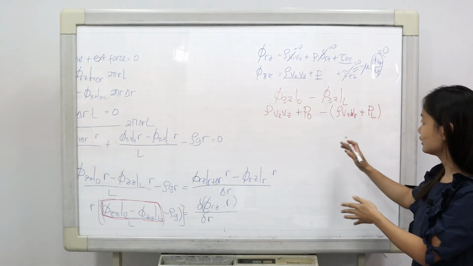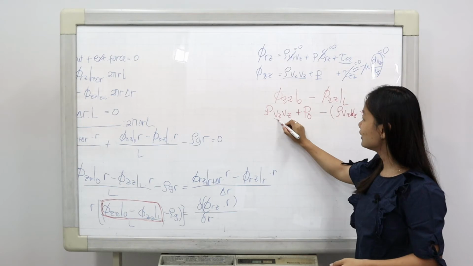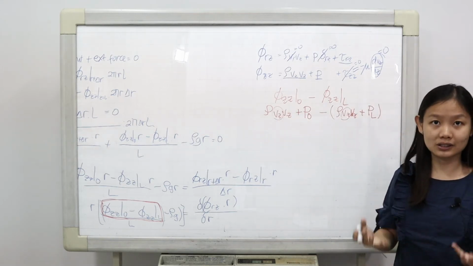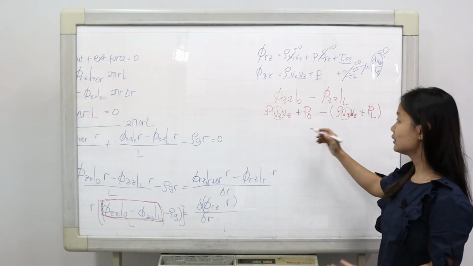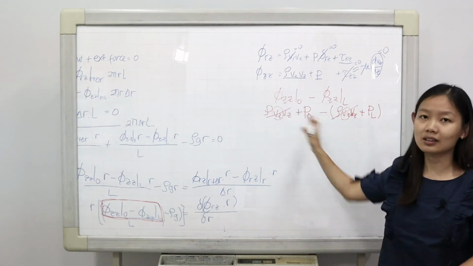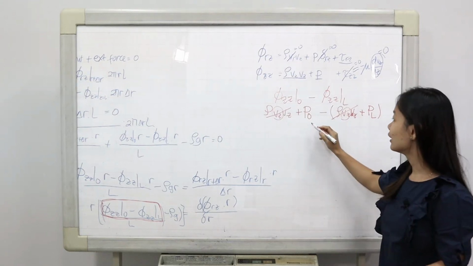So if we look at this, we know that at the inlet and at the outlet, the velocity will always be the same. So basically, this part and this part cancel out.